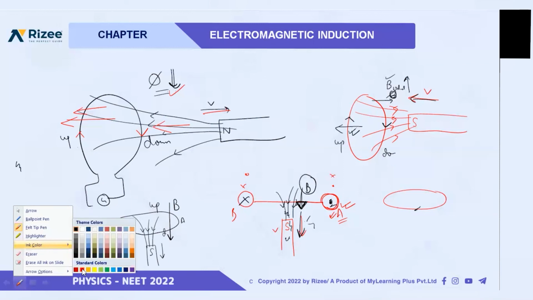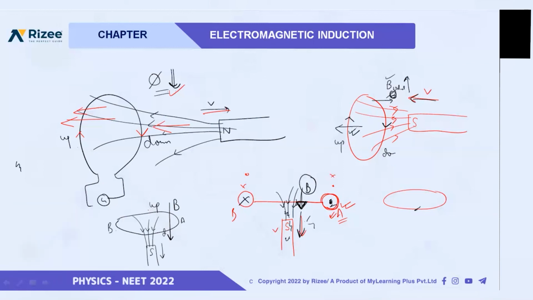So we know to have it in this direction, how will the current flow? Curl your four fingers, and you will see that it will flow in this direction only. If it is up, then it will flow in this direction. See here, curl your four fingers, it is up, so that your thumb is pointing in this direction.